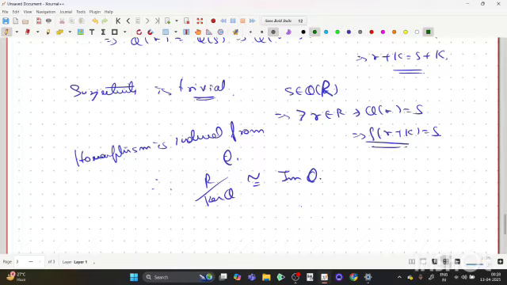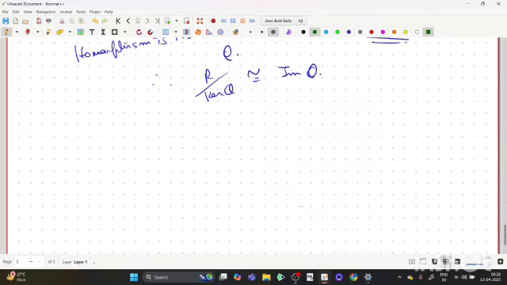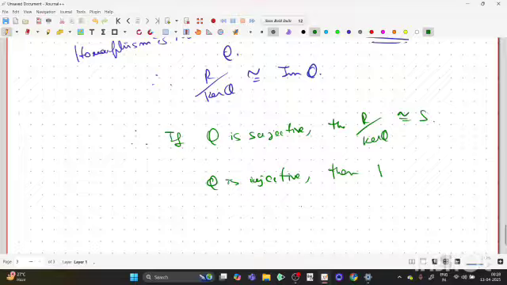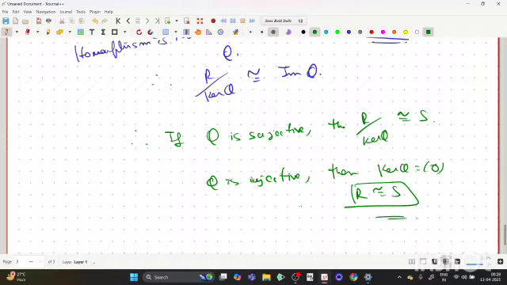This gives us a very important set of statements. You observe immediately that if phi is surjective, then R mod kernel of phi is isomorphic to S itself, the whole codomain S, because in that case the image of phi will be the whole of S. And moreover, if phi is injective, then the kernel of phi should be the trivial ring, and then R would be isomorphic to S. Clear?